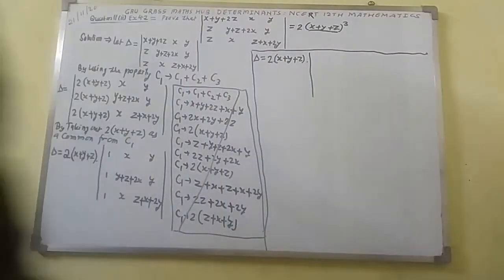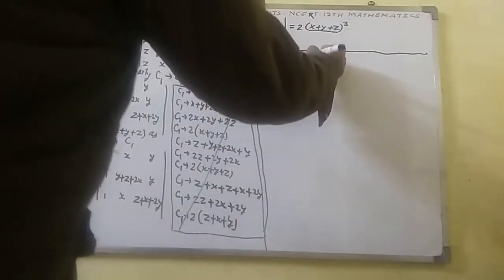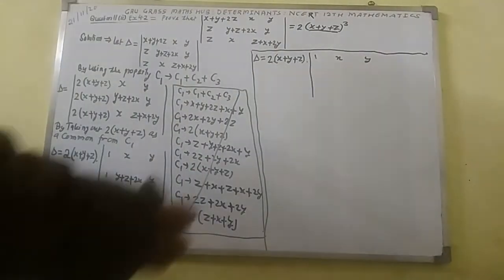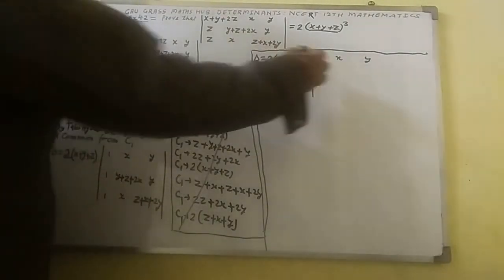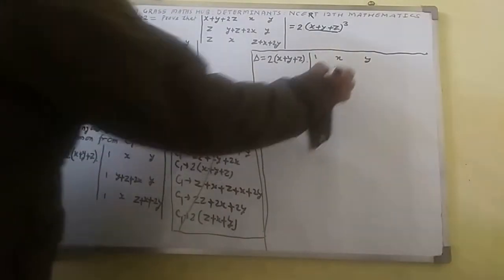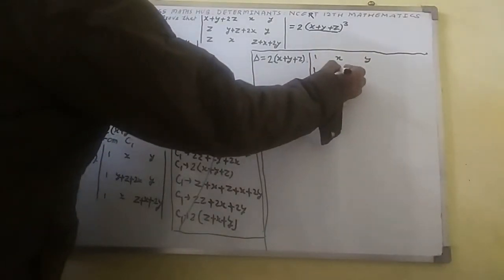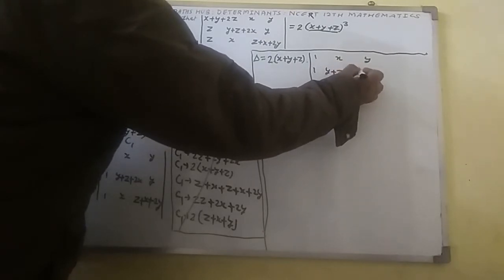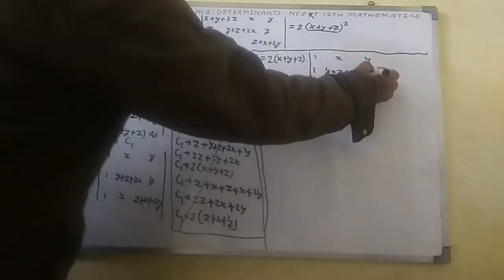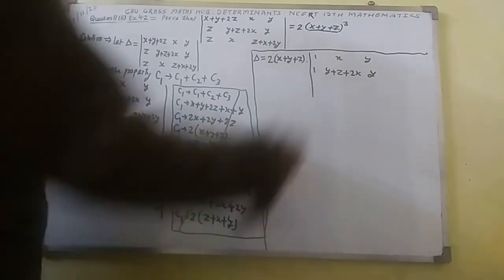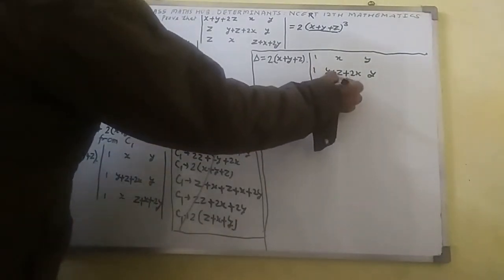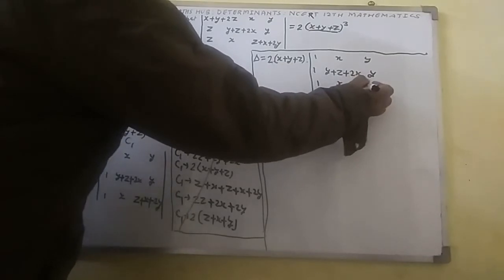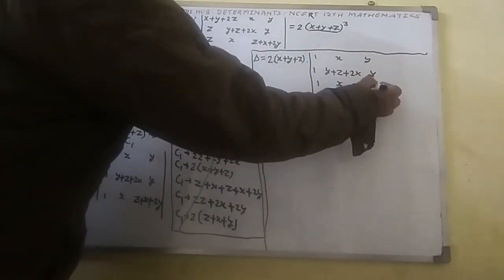The elements of first row I shall write 1, x, y. The elements of second row I shall write 1, y plus z plus 2x, y. The elements of third row I shall write 1, x, z plus x plus 2y.